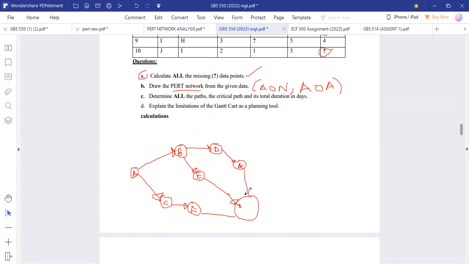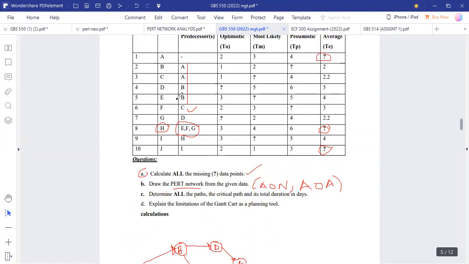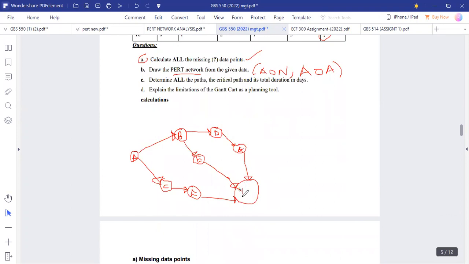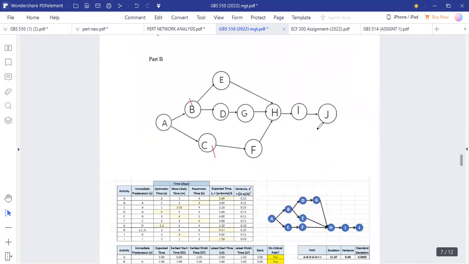When these three are complete, that's when H can begin. So after you have done all these three activities, it is activity H to take place. So this is what is happening here, and that's in line to explain this diagram.